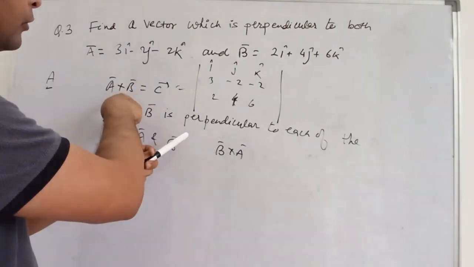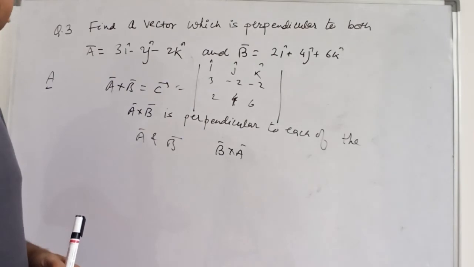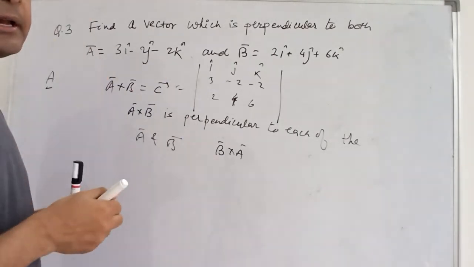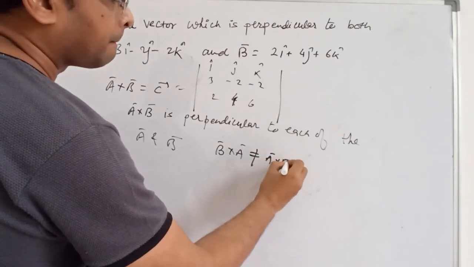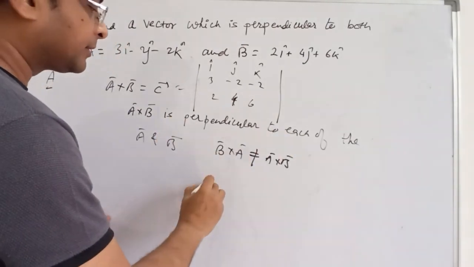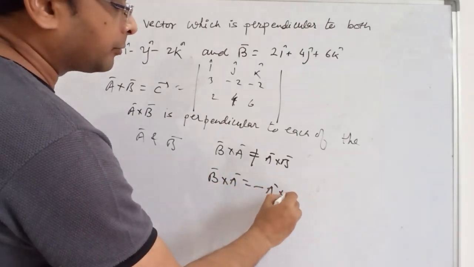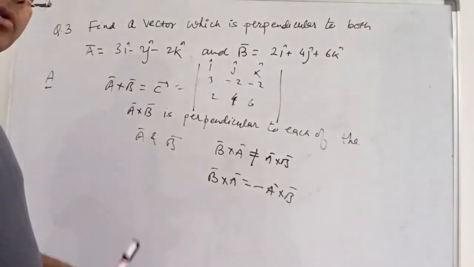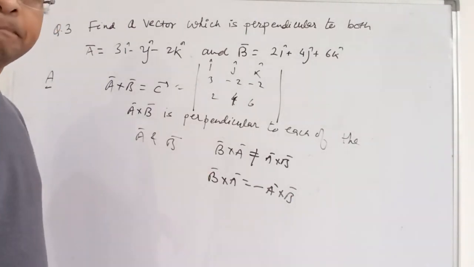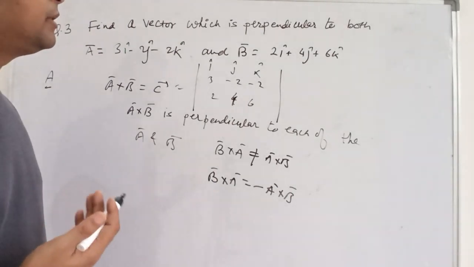And in case of A cross B, the vector was towards you. So A cross B is just opposite to B cross A. Both are not the same. But you can say B cross A is minus of A cross B. It is just opposite, so just put a minus, then both can be equal. You must know these things, properties. Please note it down, it's very important.